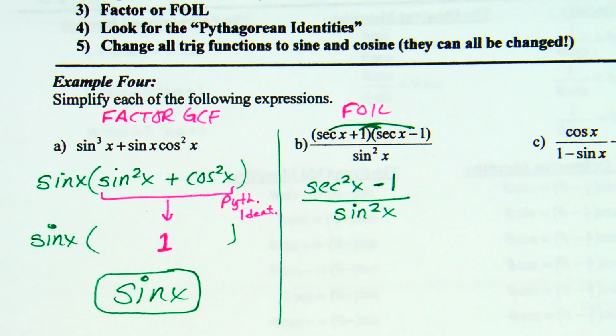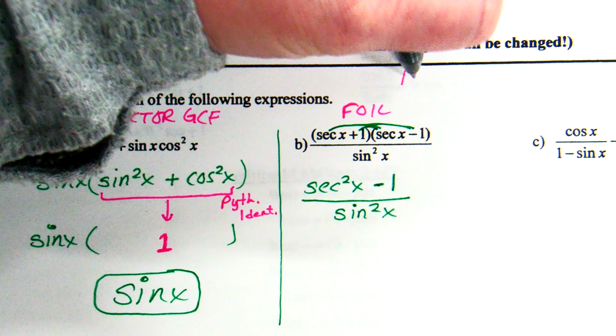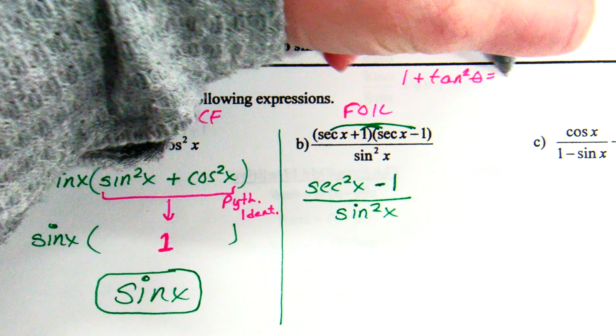And here's what I'll say. We can manipulate these Pythagorean identities. The form they're given in doesn't have to be the only form of it. That secant squared minus 1 on top, what Pythagorean identity does that remind you of? Or is it pieces of or similar to? Okay, that middle one, I'm going to write it up here, of 1 plus tangent squared theta equals secant squared theta.